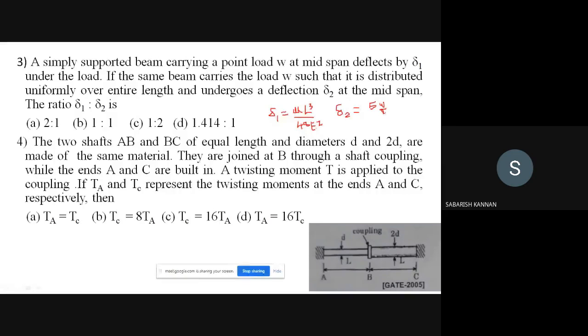Before, our formula is W L power 4 divided by 384 EI.